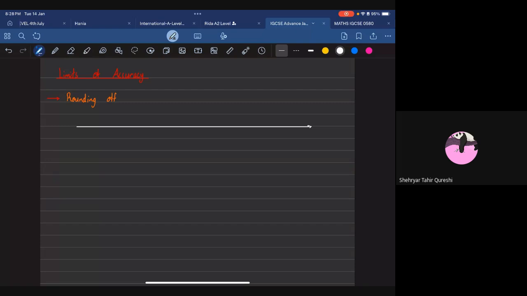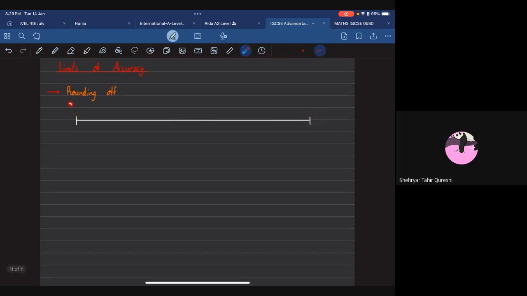Hopefully you guys remember what a number line was. Any number which is given to you, from 1 till 10, or any single digit number, from 0 to 10 or 10 to 20.